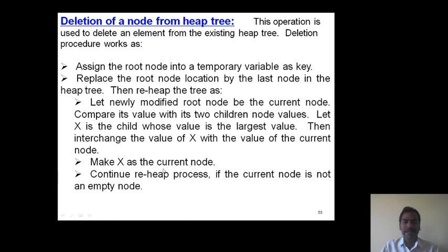Then at the next stage, make x the current node. Apply the same process until the current node is not an empty node. Whenever the process reaches a null pointer, then we terminate the procedure, so that finally the tree satisfies the max heap properties.